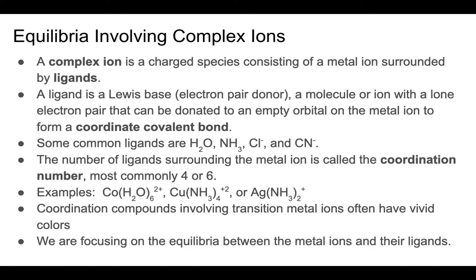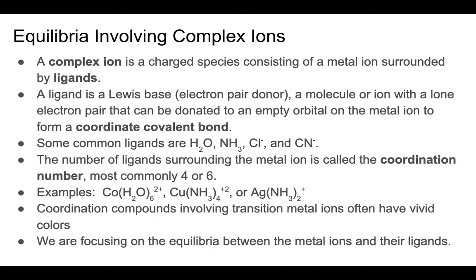But mainly what we're interested in here is it needs to be a molecule or an ion that has an electron pair that it can donate to an empty orbital on the metal ion. The metal ion, of course, has a lot of empty orbitals on it because it's lost its valence electrons or many of its valence electrons.